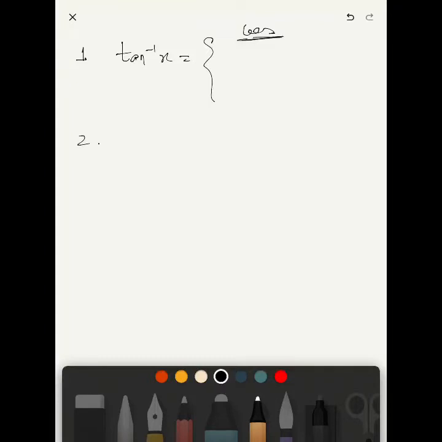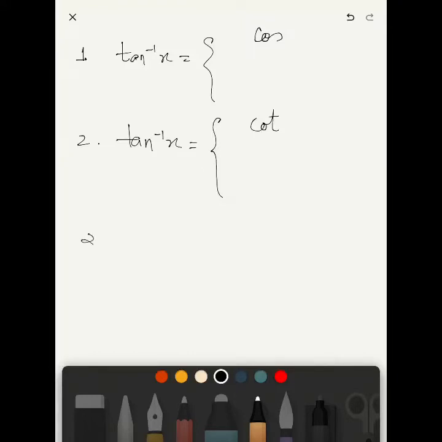The other one, tan inverse x, you convert this into cot.